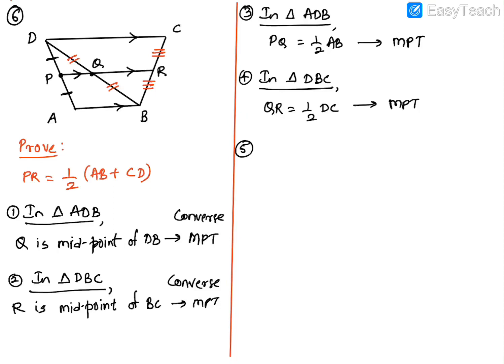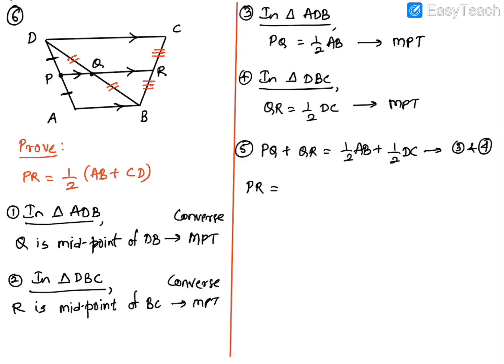Now we need to add up both the statements, guys. We'll add up statements number 3 and 4. First we'll add up the left hand sides, PQ plus QR. Add up the right hand sides, half AB plus half DC. So what will it become? Adding 3 and 4, what is PQ plus QR? PR. Correct?